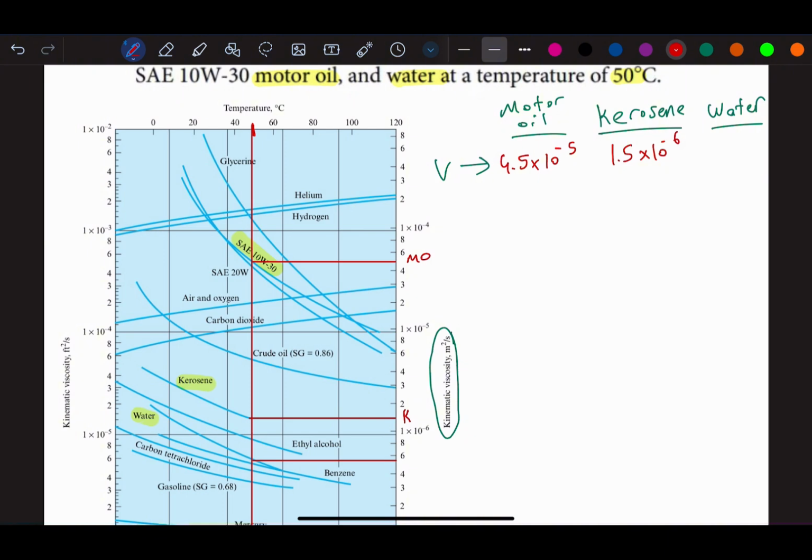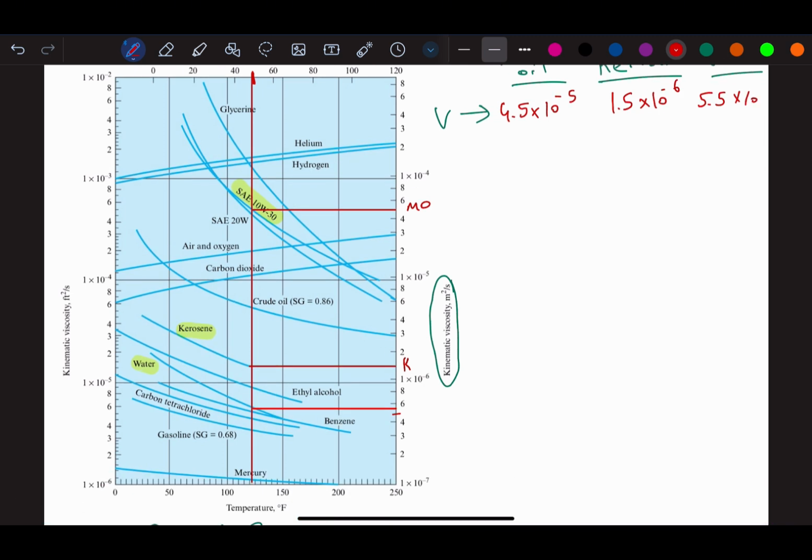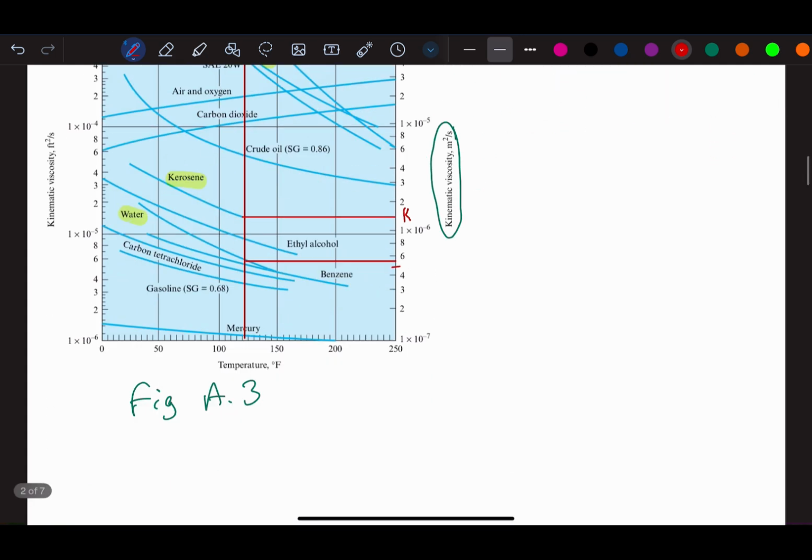And another one is water, which is almost between 5 and 6, so let's say 5.5 times 10 to the power of -7. Okay, now continue with dynamic or absolute viscosity.